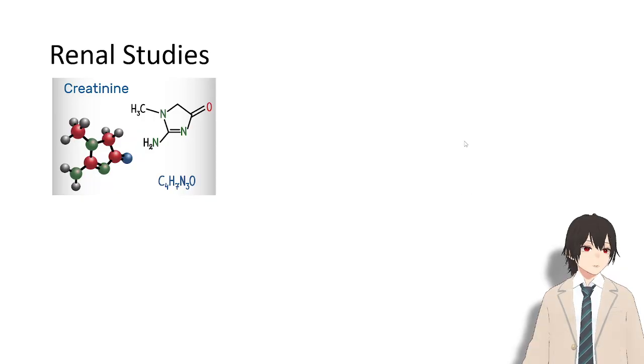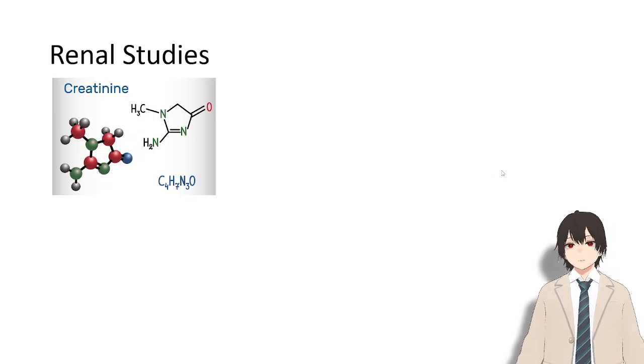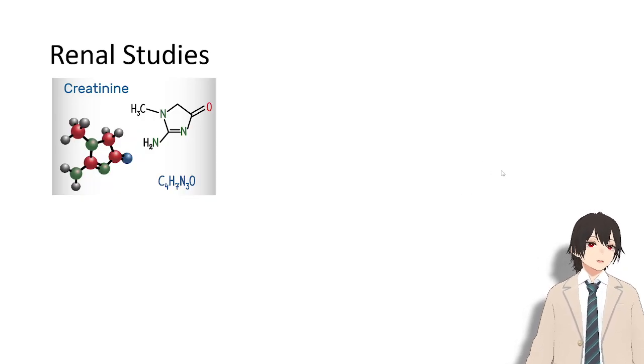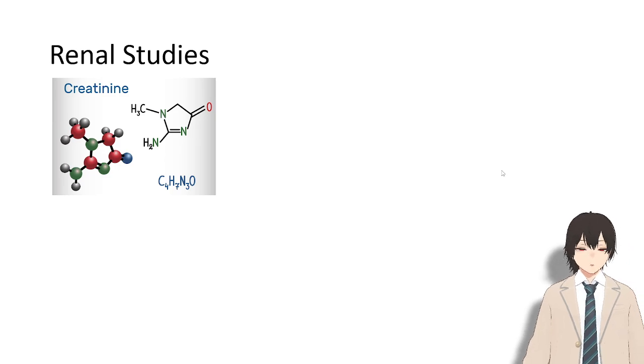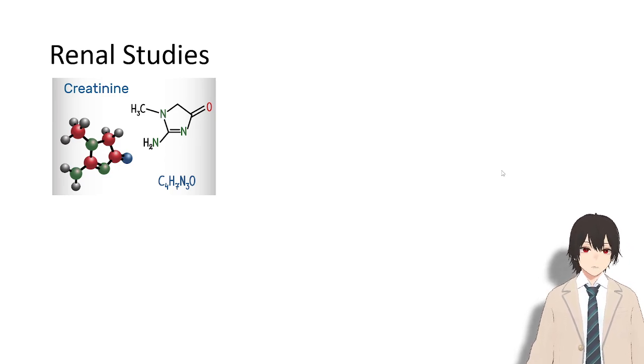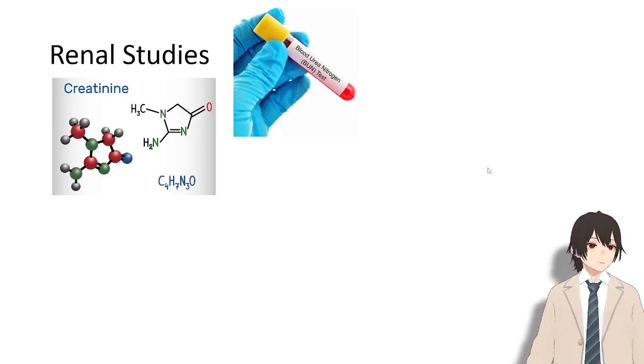So some studies here. We have the first one, creatinine. This is the waste product when the body breaks down muscle tissue and digests protein from food. Normal ranges include 0.7 to 1.2, but once again, go with whatever your professor is saying.